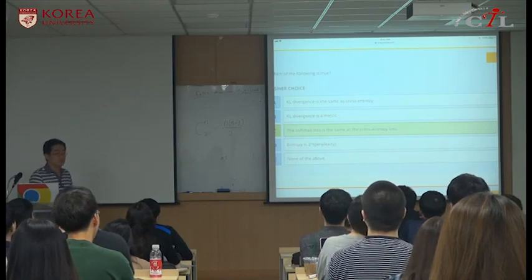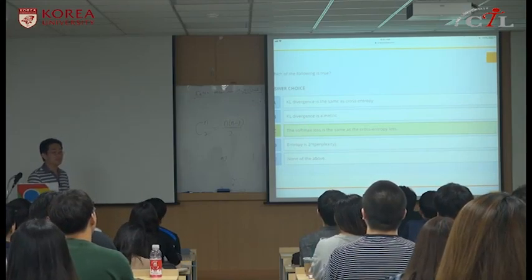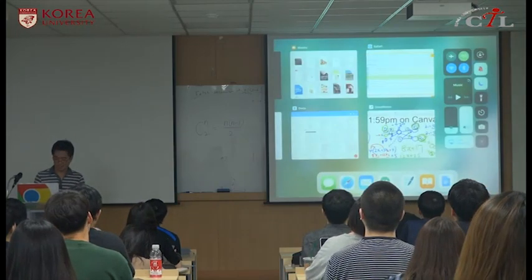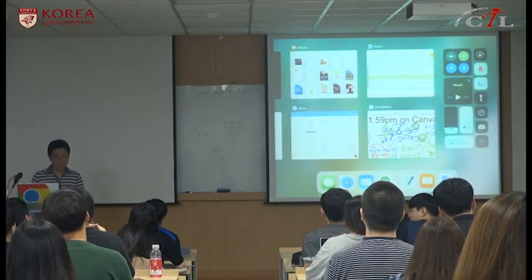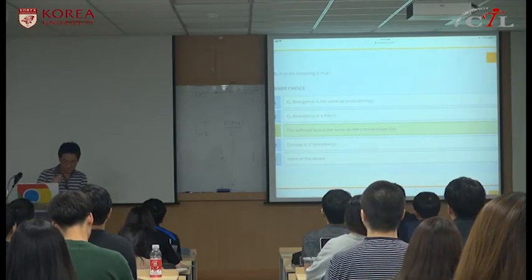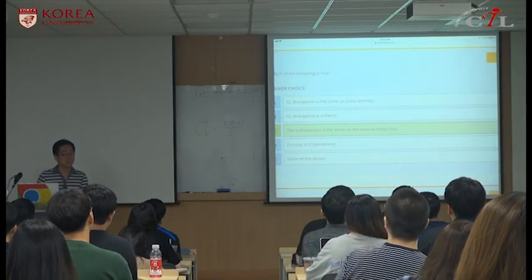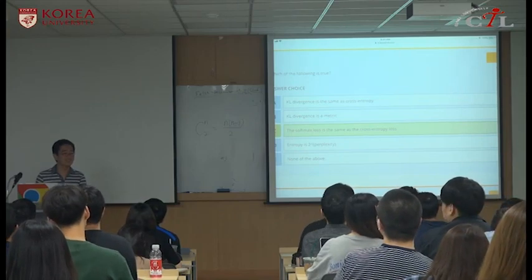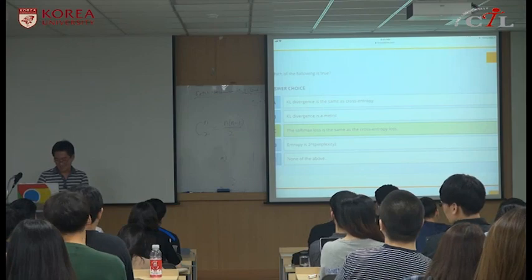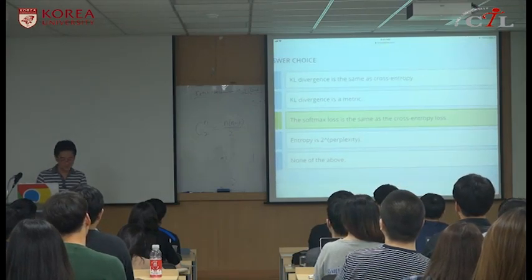So KL divergence is not the same as cross entropy, right? I already explained it in the lecture video, which I recorded in some other country. It was a little difficult because the internet was quite slow.